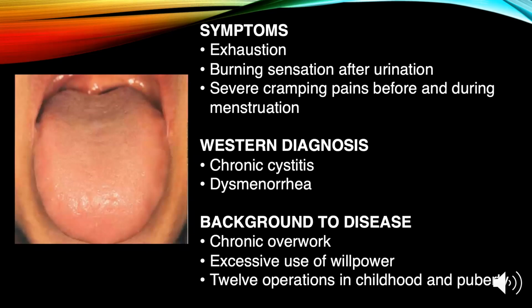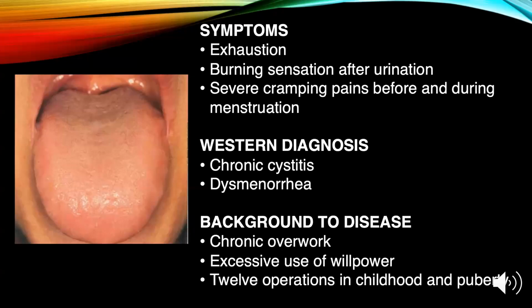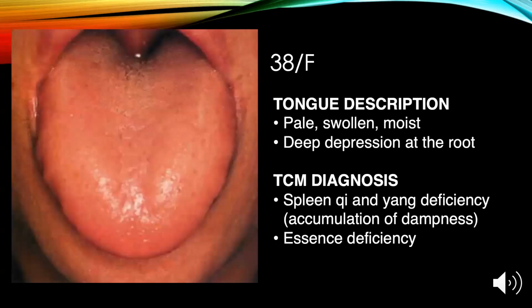Symptoms: exhaustion, burning sensation after urination, severe cramping pains before and during menstruation. Western diagnosis: chronic cystitis, dysmenorrhea. Background to disease: chronic overwork, excessive use of willpower, 12 operations in childhood and puberty.